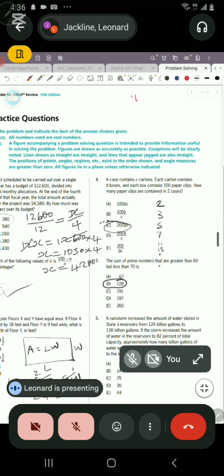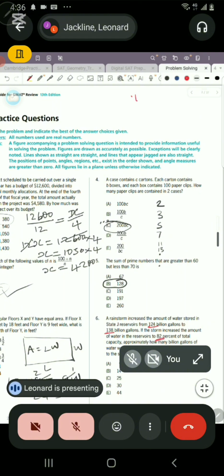Then what can we set up as proportion here? Do you notice that a rainstorm increased this from 124 to 138, and that this 138 corresponds to 82%?